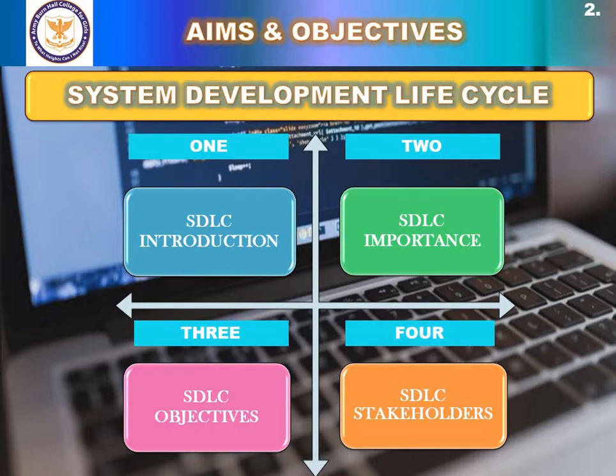Then another very important concept: there are certain people who are directly or indirectly involved in that development life cycle. They are involved throughout those steps or phases. Those people are the stakeholders. So we need to know about the stakeholders of a system development life cycle.